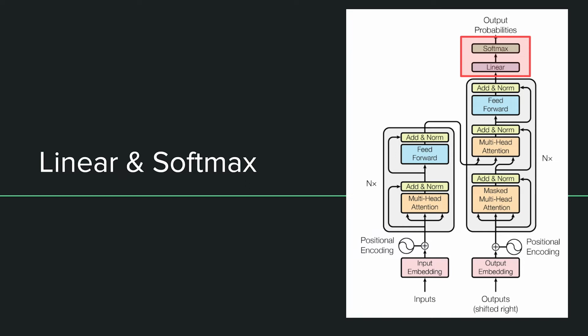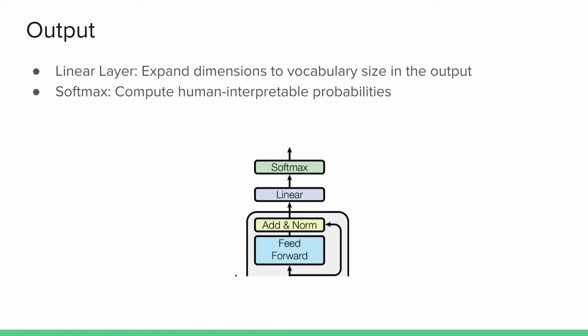Now, we have basically all our blocks except the linear and softmax at the output, but those two blocks are something that we've already seen in other neural networks, in a way that the linear layer is processing our data to make it more meaningful to process. In our case, we can use that linear layer, or a fully connected layer, to expand the dimensions to our vocabulary size in our output.